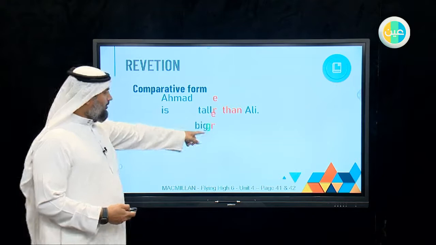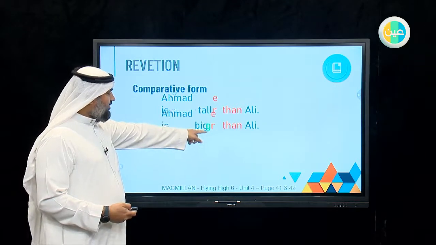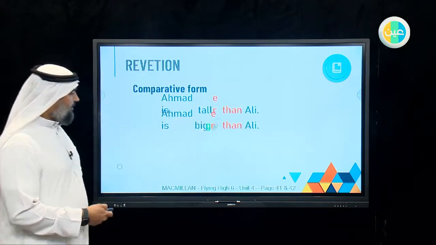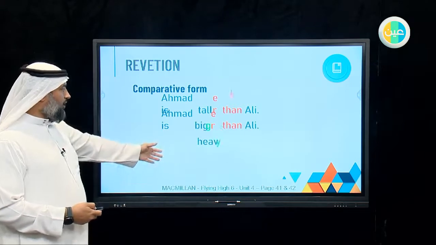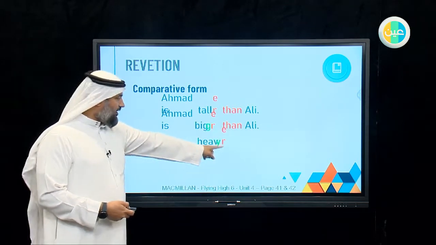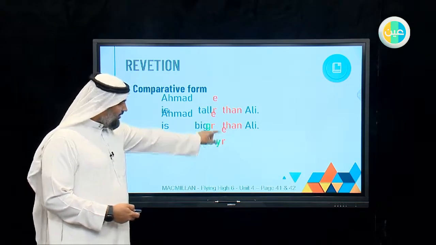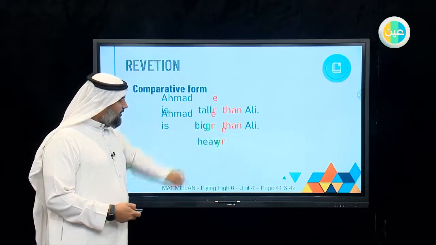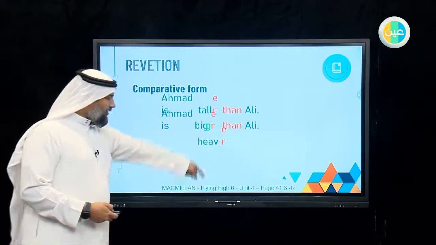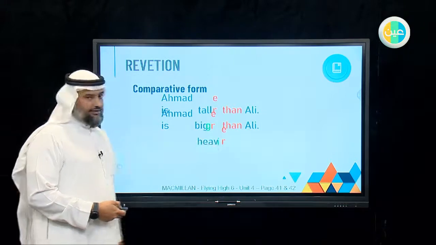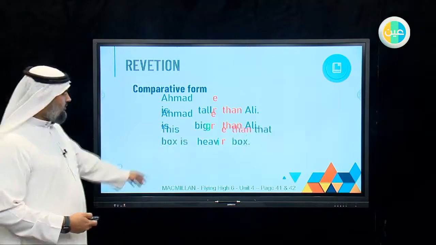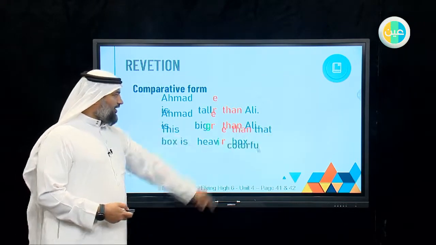We say bigger. We add ER to it. Say Ahmed is bigger than Ali. And also if we have heavy and heavier, we take out the Y and put I instead of it. And say this box is heavier than that box.